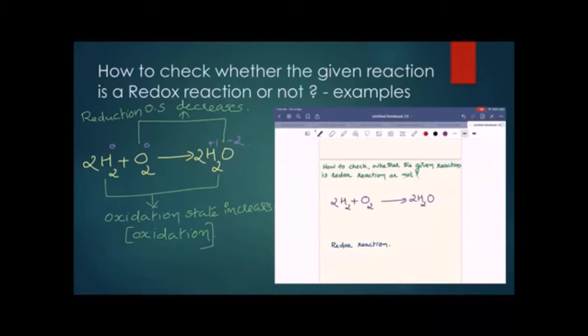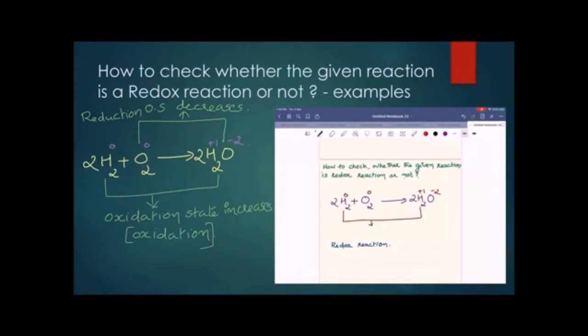For example, hydrogen in its elemental form, so its oxidation state is 0. Oxygen, oxidation state is 0. Water is a compound, and in a compound oxygen's oxidation state is -2. Hydrogen's oxidation state is +1. Now you see, for hydrogen, what happens?